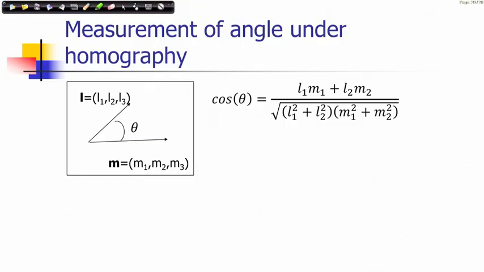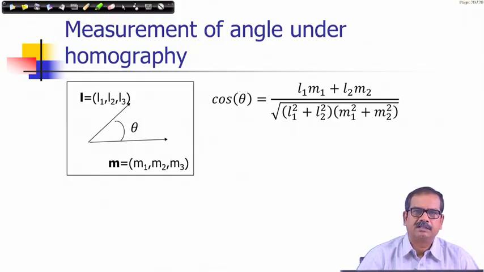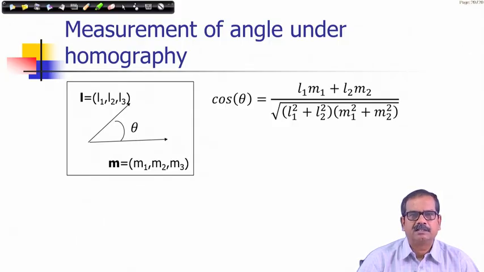Let us discuss how an angle could be measured under homography. Suppose we have two straight lines as shown in the figure, L and M, which make an angle theta, and the directions of the straight lines are given by L1 L2 and M1 M2. In the projective space we have this 3 vector representation, but we know that the first two components of that 3 vector provide the corresponding direction ratios.